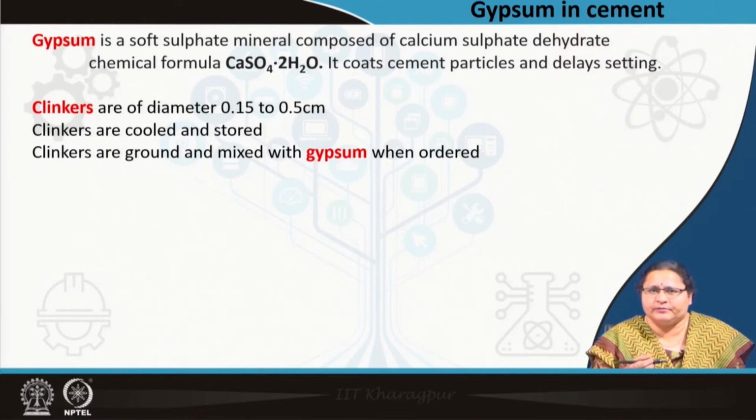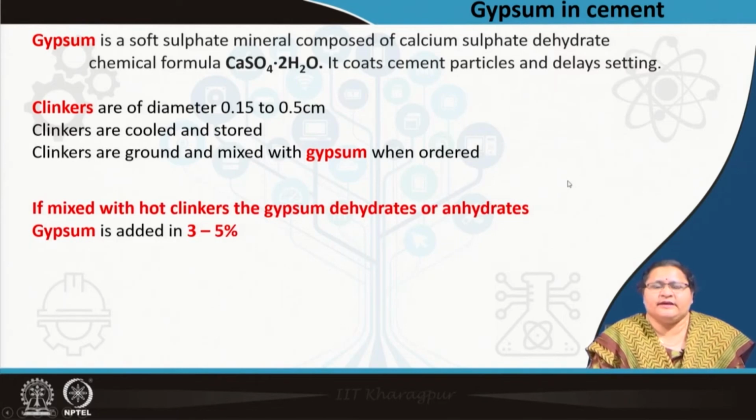So, the manufacturer will lose the cement if it is not ordered and he is manufacturing continuously. So, the clinkers in cold condition are mixed with gypsum when the order is placed and it is bagged in form of cement.